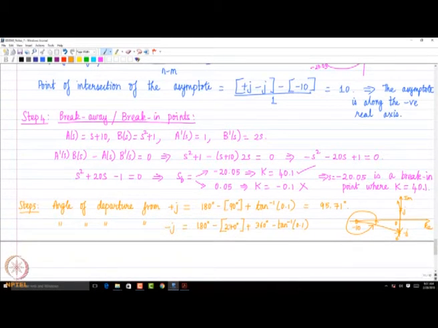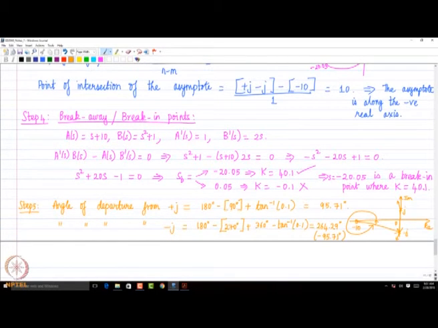I take angles to be positive counterclockwise from the positive real axis. You can write it as either a positive or a negative value, minus tan inverse of 0.1. If you calculate this, you will get the answer as 264.29, which is the same as minus 95.71.